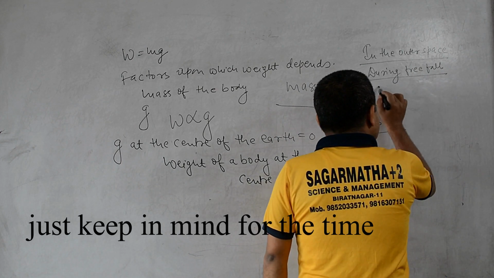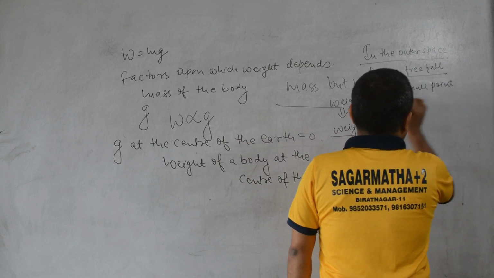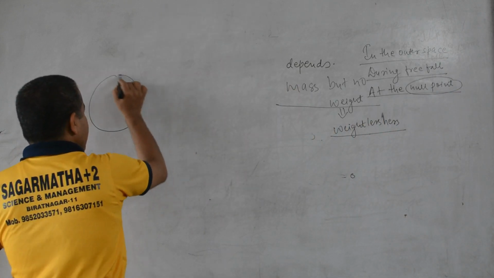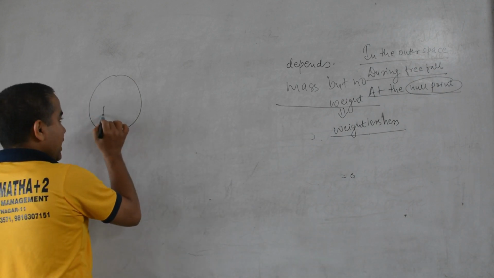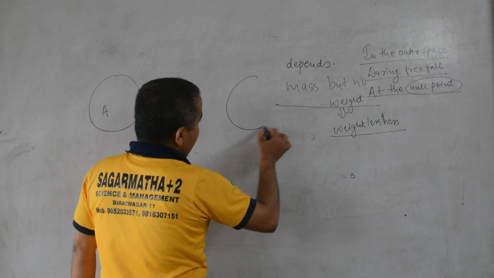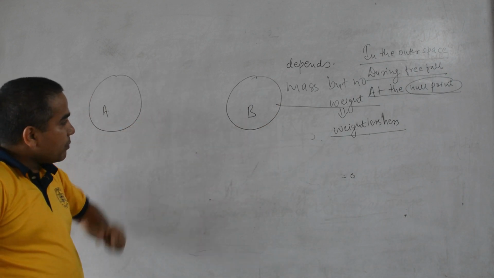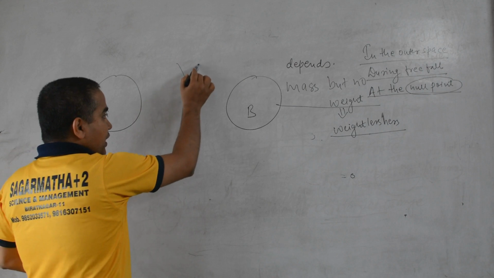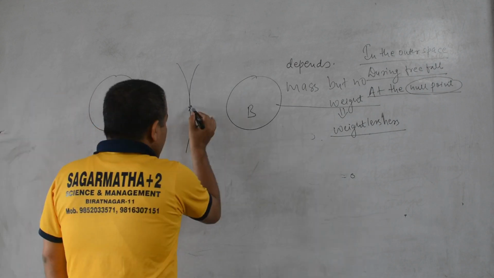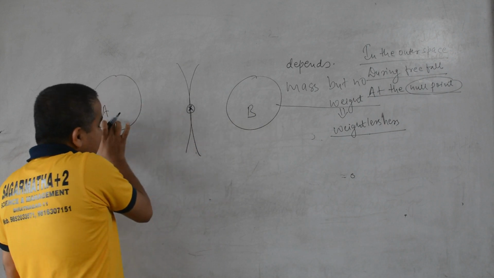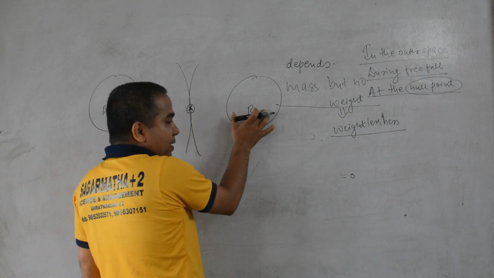And another is at the null point. So what does it mean? Null point means, take for example, there are two heavenly bodies. This is a heavenly body, A. This is another heavenly body, that is B. Now there is somewhere in between where the gravitational fields of these two bodies are equal and opposite. So at this point, if you keep a mass, this mass is neither attracted by this body nor by this body.